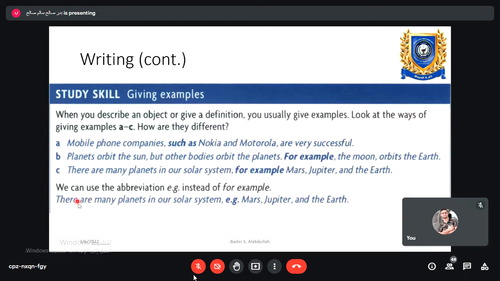There are many planets in our solar system, comma, e.g. Mars, Jupiter, and the Earth. So these are the ways that we can use to introduce examples or to give examples.